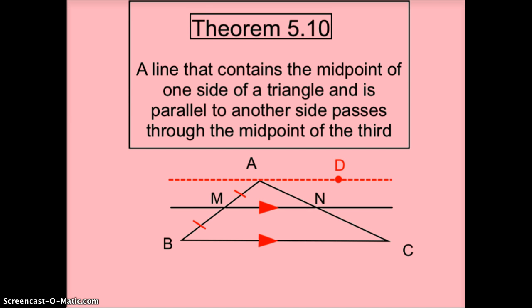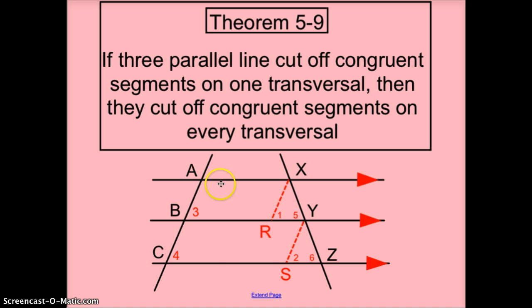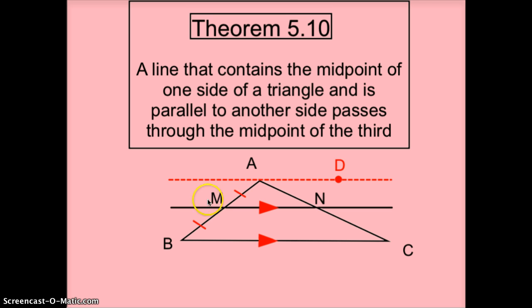So to refer back to this theorem right here, you see we have three parallel lines, and notice on the next theorem there are only two parallel lines, but the auxiliary line of the third passes through the top point of the triangle, creating two congruent segments and the transversal AB. Therefore, using that previous theorem, we could then conclude that AN is congruent to NC, and therefore N would be the midpoint of AC.